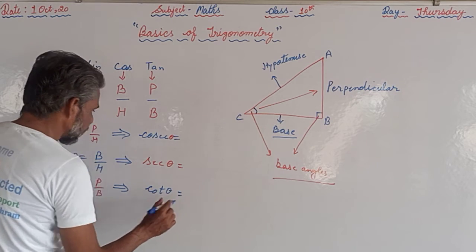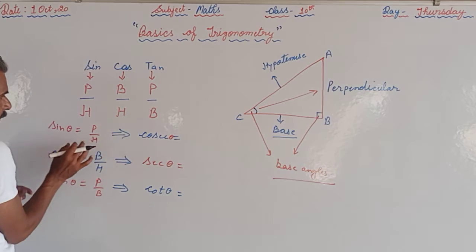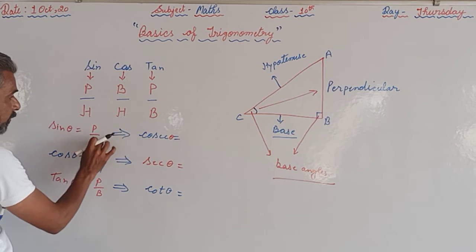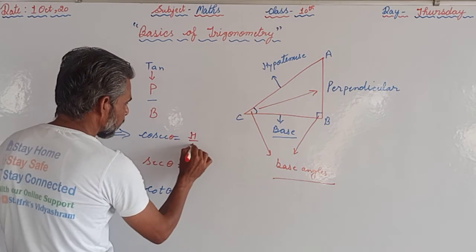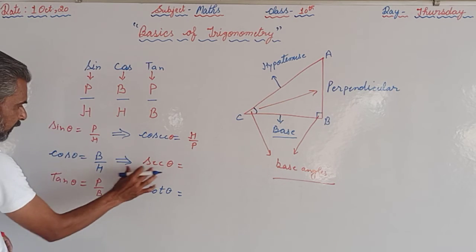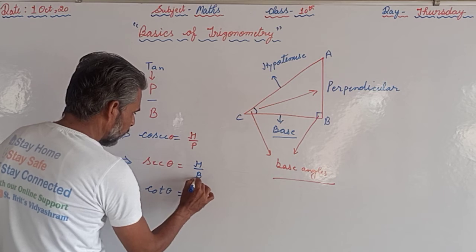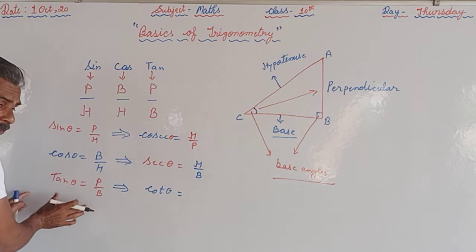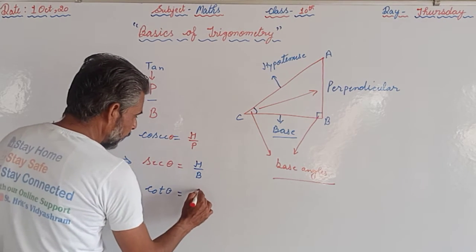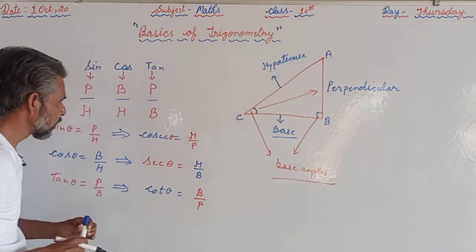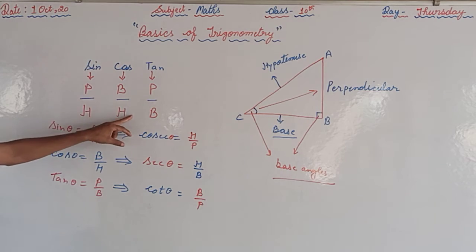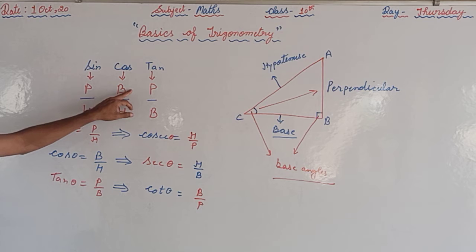So cosec theta will be H upon P, sec theta will be H upon B, and cot theta will be B upon P, where H is the hypotenuse, B is the base, and P is the perpendicular.